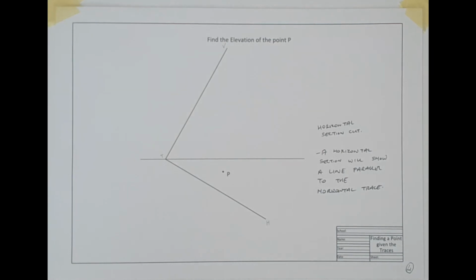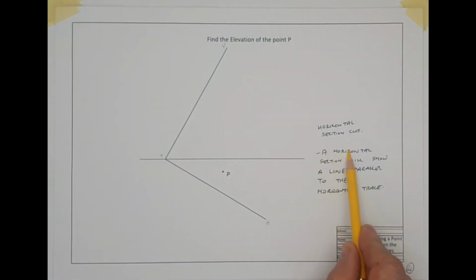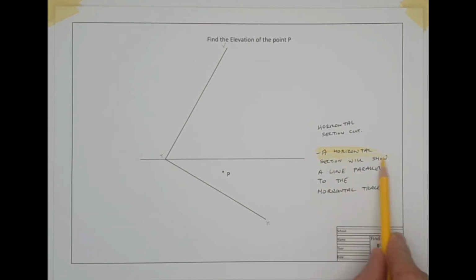So, a really important little point right there. A horizontal section through an oblique plane, of course, will show a line parallel to the horizontal trace. So, a really, really important line.